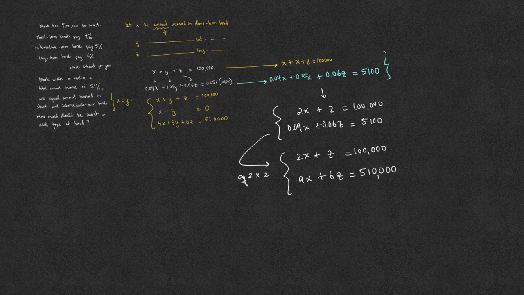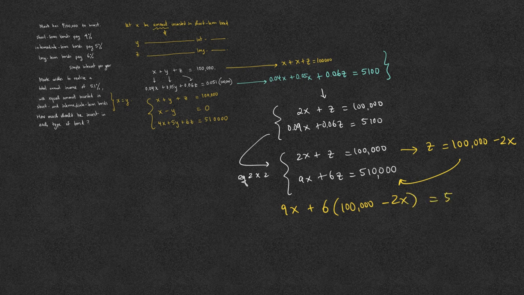We then use either elimination or substitution to solve this system of equations because there are only two equations. Using the first equation, we have z equals 100,000 minus 2x, and then we substitute this into the second equation. 9x plus 6 times, but z is now 100,000 minus 2x. The right-hand side of the equal sign is 510,000.